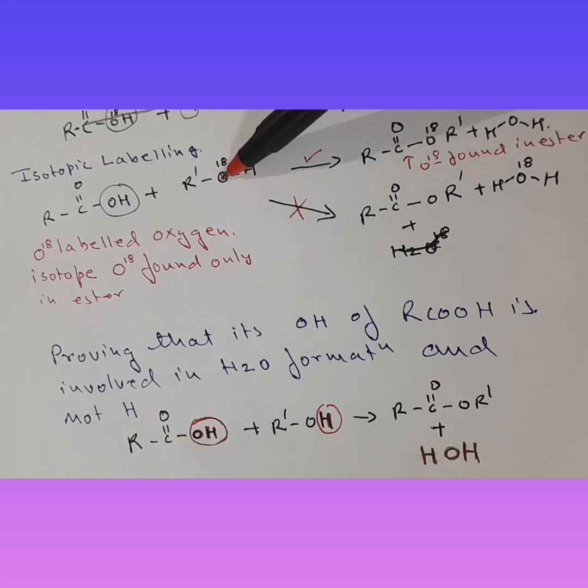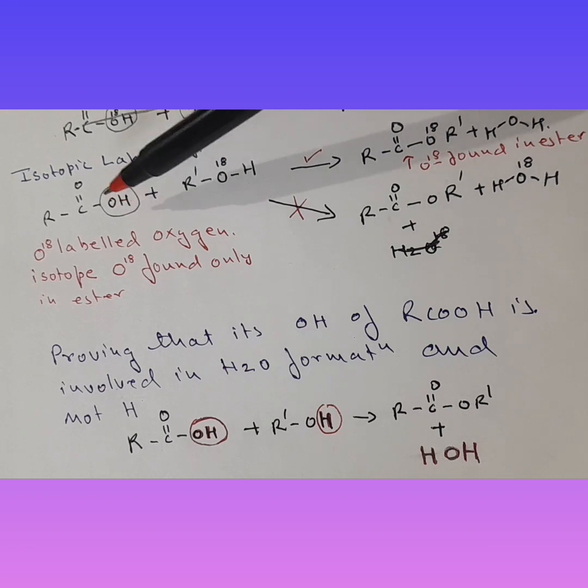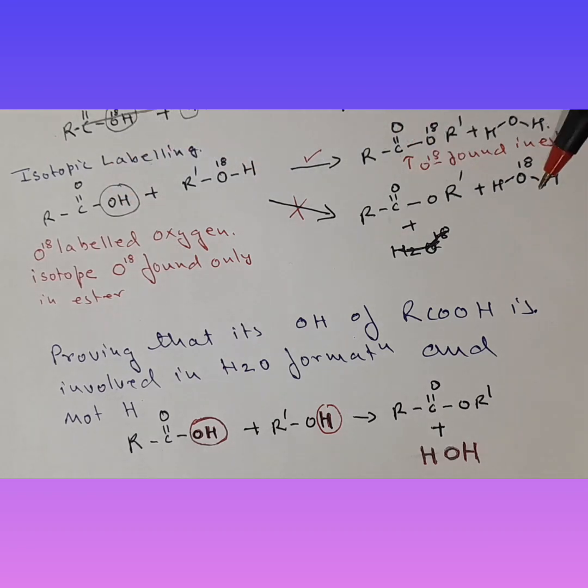This O exists in the product. This entire part exists in the product. So this O exists in the product, whereas this OH doesn't exist in the product, but it exists in the byproduct. Alright.